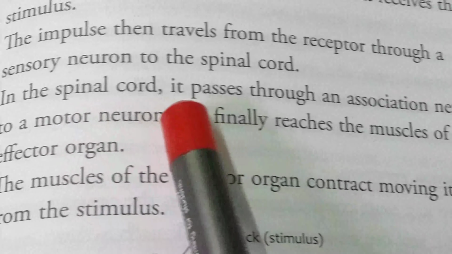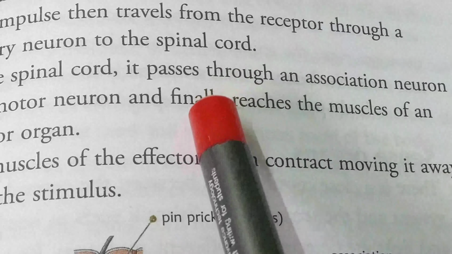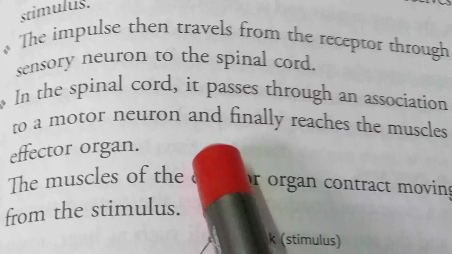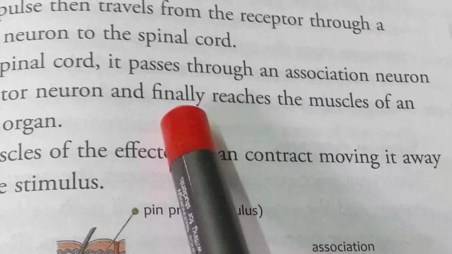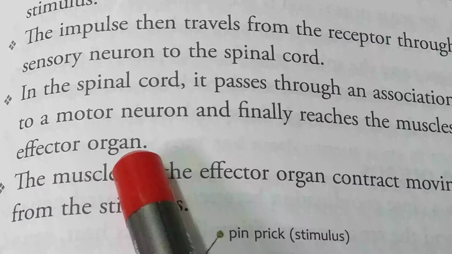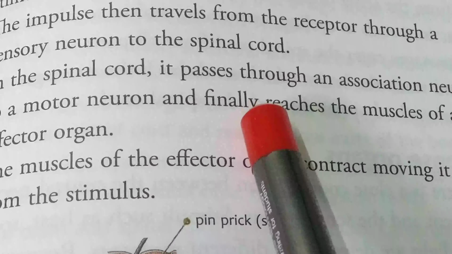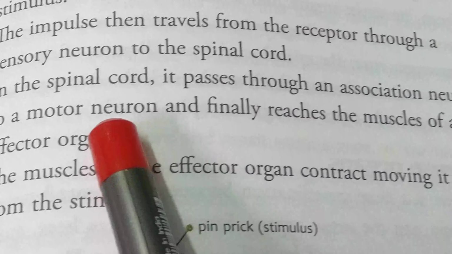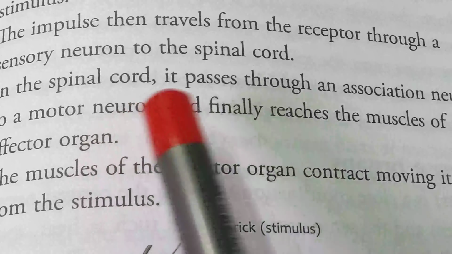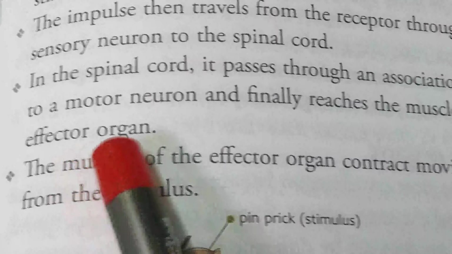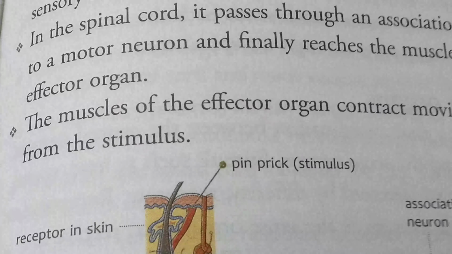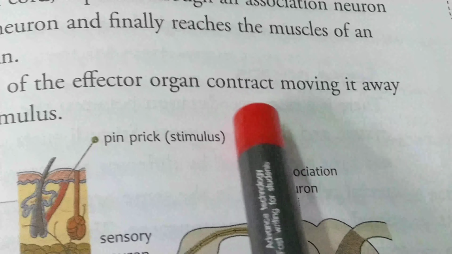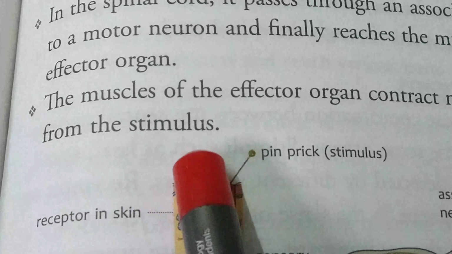So after getting the impulse from the spinal cord to the association neuron, it passes through the motor neuron and finally reaches the muscle of the particular effector organ. The muscle of the effector organ contracts, moving it away from the stimulus.